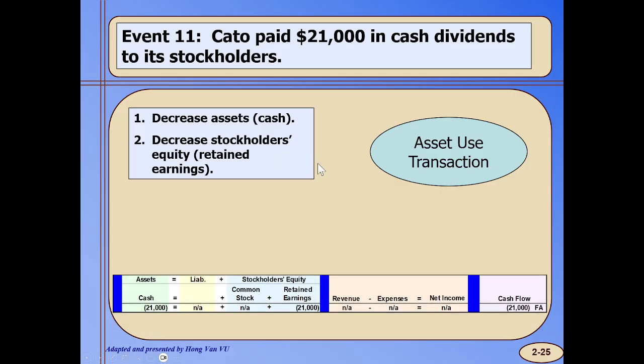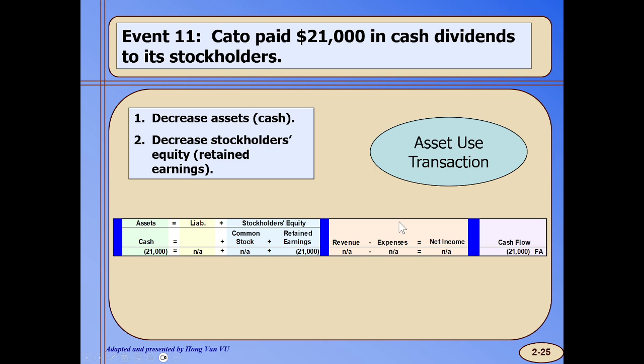However, it does not affect net income, but the statement of cash flows reports a financing activity outflow of 21,000. So here you can see the effect of this transaction on the financial statement model.